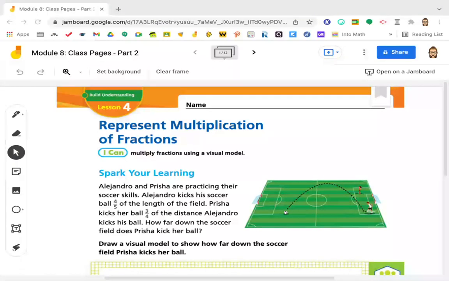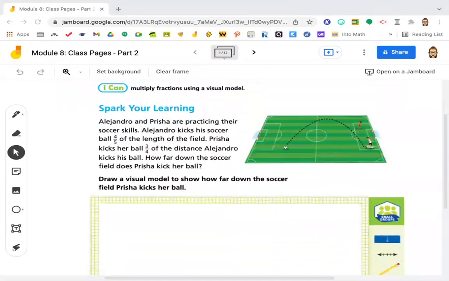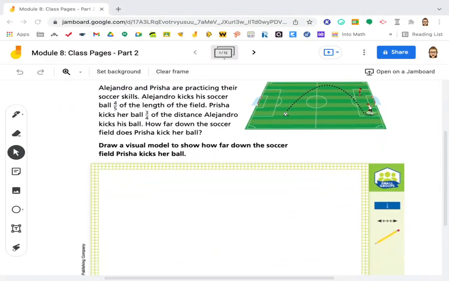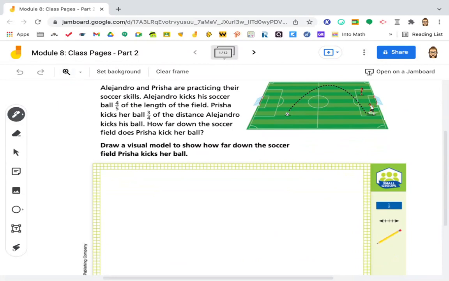Well, if we go to represent Alejandro's length, which says 4/5, if we used fraction tiles, and we had 4/5 fraction tiles, it would look like this.